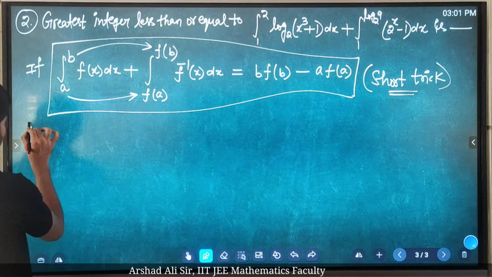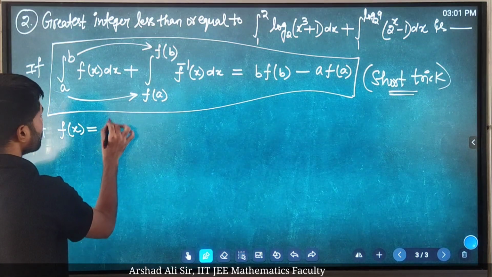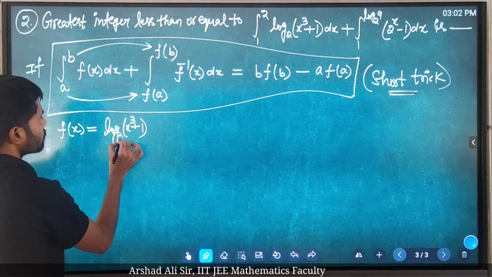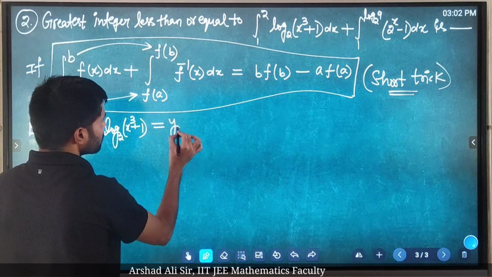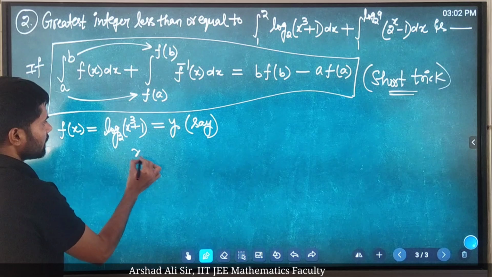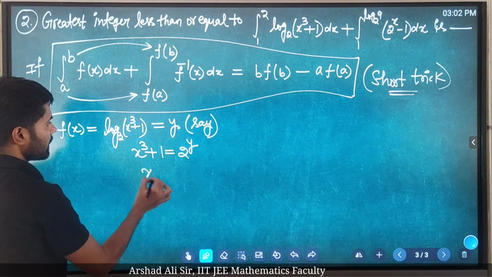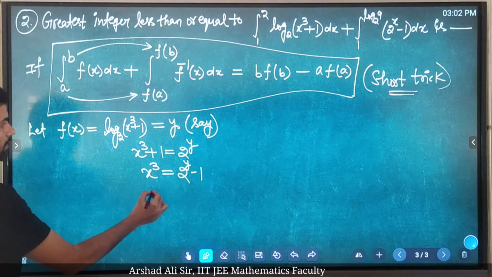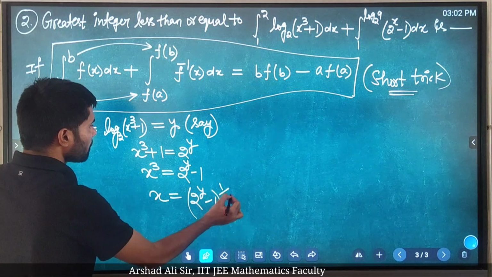So let's check. Let f of x be equal to log base 2 of (x cube plus 1), and we have to find the inverse of this function, so we consider it equal to y. Removing the logarithm, x cube plus 1 is equal to 2 to the power y, or x cube is equal to 2 to the power y minus 1, so x is equal to (2 to the power y minus 1) whole power 1 by 3.